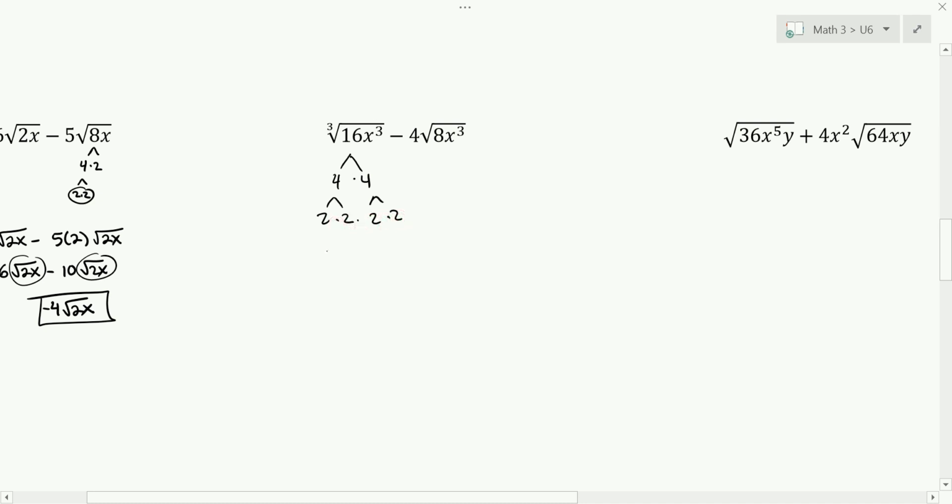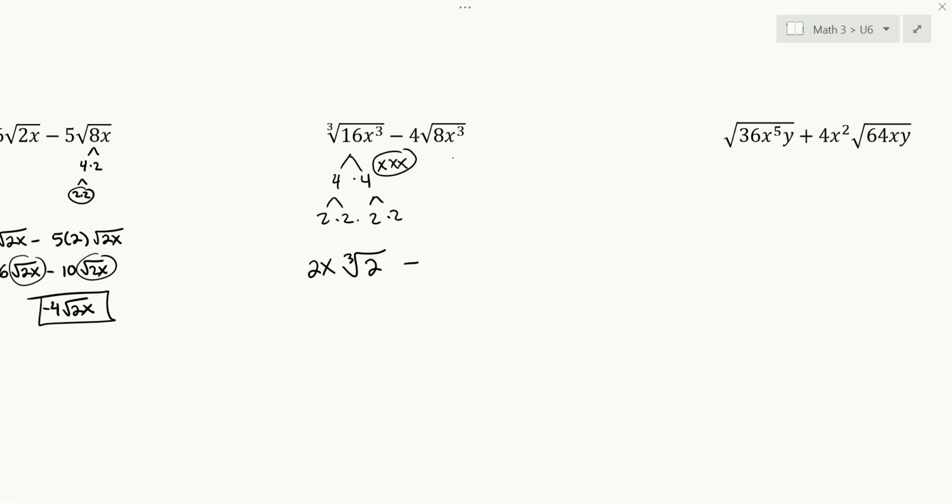And then that became what? Cube root of 2. Okay. And so we had 3 x's as well there. We were able to take the cube root of those. Good. Minus, and then we have the 4 times the square root of 8x cubed.